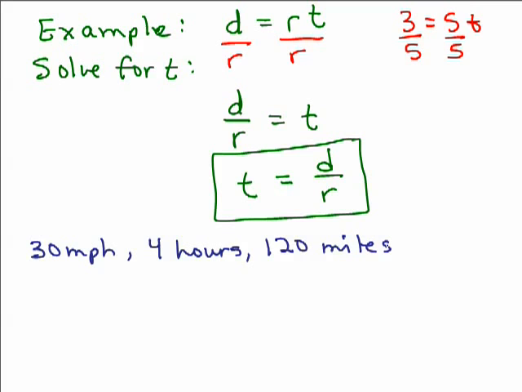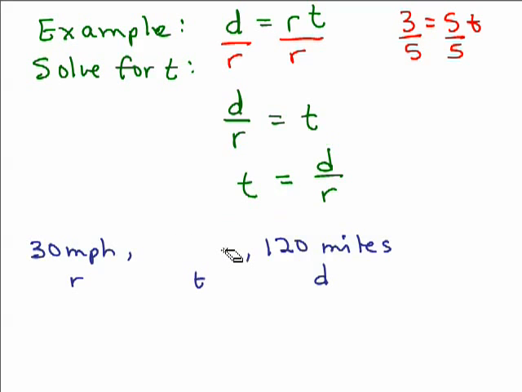So let's say you only knew two of these things. Remember, this is the rate, that's the time, and that's the distance. I could see that r times t equals d, but let's say somebody told you only the miles and the rate, and you didn't know how many hours. So let's pretend you didn't know what the time was.